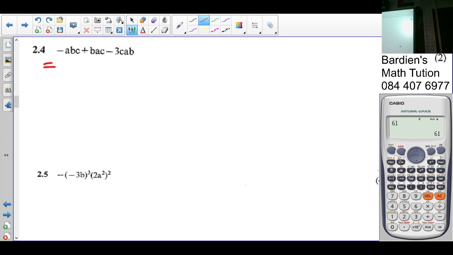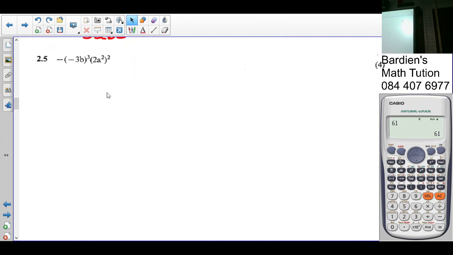So, what is negative ABC plus BAC? 0. Cancel. Minus 1 plus 1. Same size, both are 1, different signs. Cancel. No? What are we left with? Minus 3ABC. Why don't you write it as minus 3CAB? Write it in alphabetical order. Yes, well done. You all okay with that?